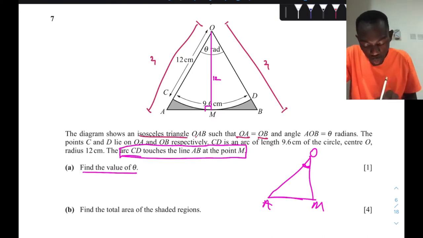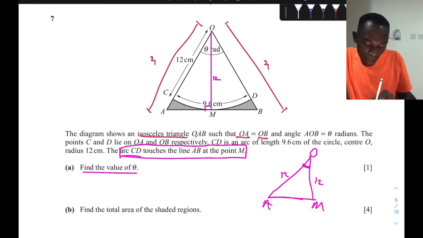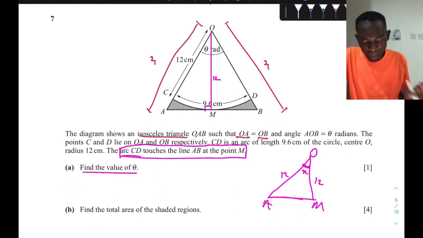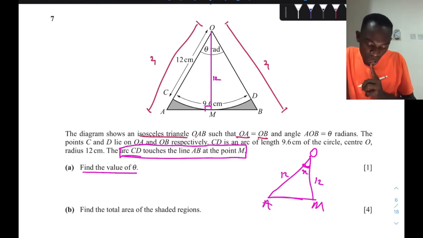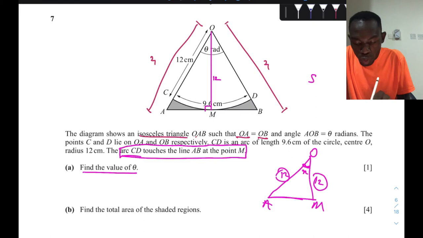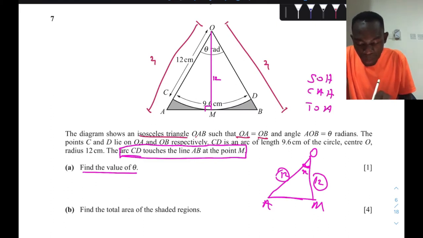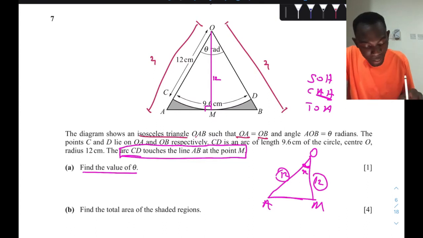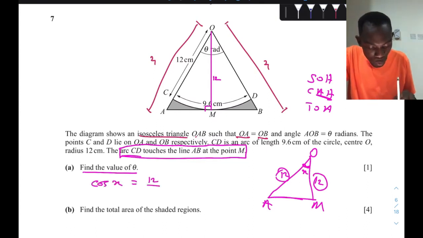Now this is 12, this is 12, so let me call this angle X. Adjacent over hypotenuse, that means we are dealing with cos. So I can say that cos X is equal to 12 over 12.